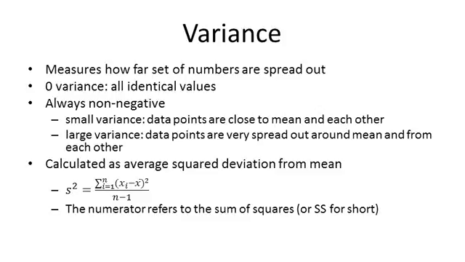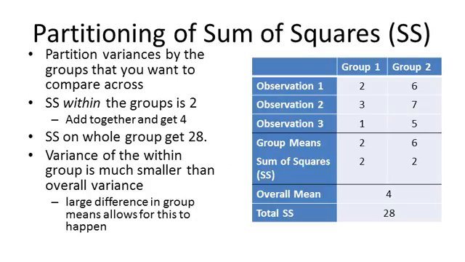We're going to be using that a lot in ANOVA, so just remember SS for sum of squares, and that in particular refers to taking each observation, subtracting the total mean from it, and then squaring that and adding those squares together. In ANOVA, the key feature is partitioning of sum of squares. This allows us to compare the means across different groups and get a sense if they're significantly different from each other or not.